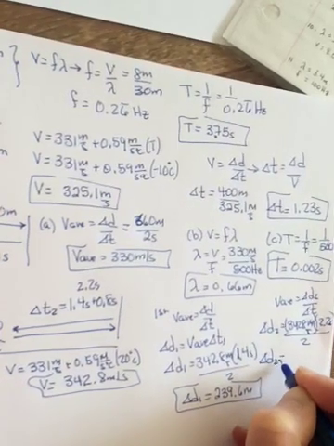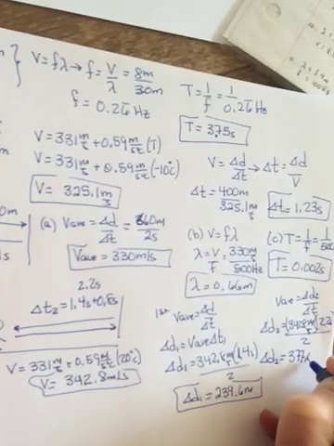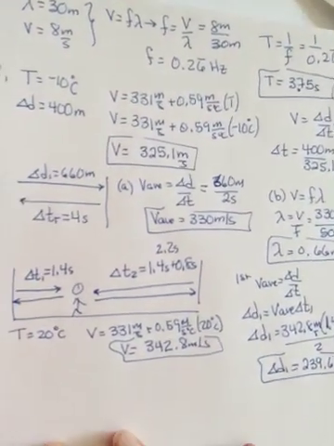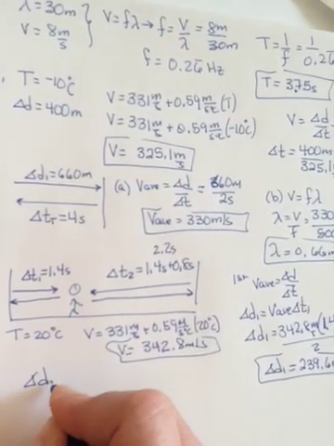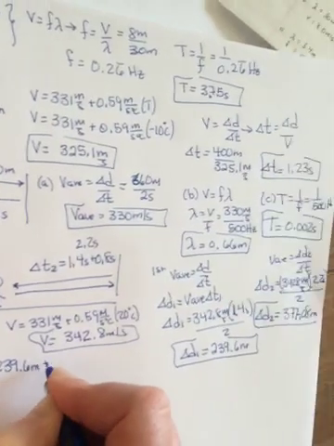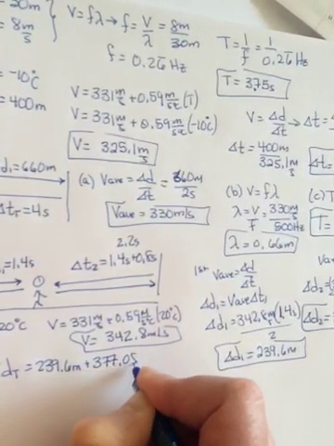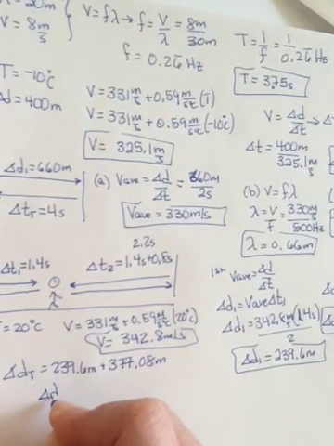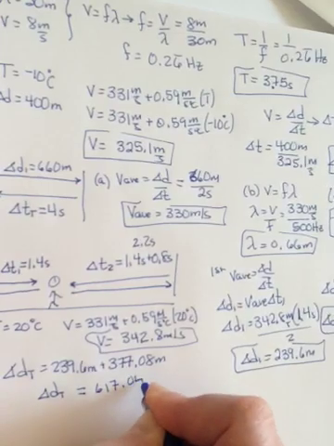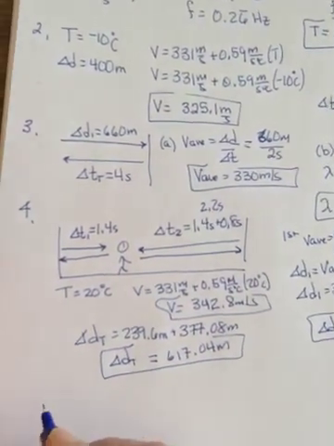And you get a delta D2 to be 377.08 meters. And now it wants the full length of the hall, so delta D total will be 239.6 meters plus 377.08 meters, and you get a delta D total of 617.04 meters.